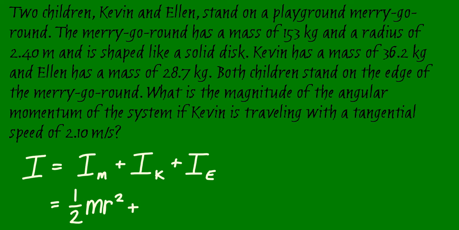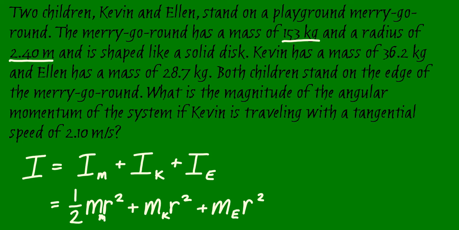Kevin and Ellen are not rotating about an axis that is on them, but rather the axis is far away from them. Therefore, we'll use mr squared for both of them. When I plug numbers into this equation, the mass of the merry-go-round, it says, is 153 kilograms, and it has a radius of 2.4 meters.